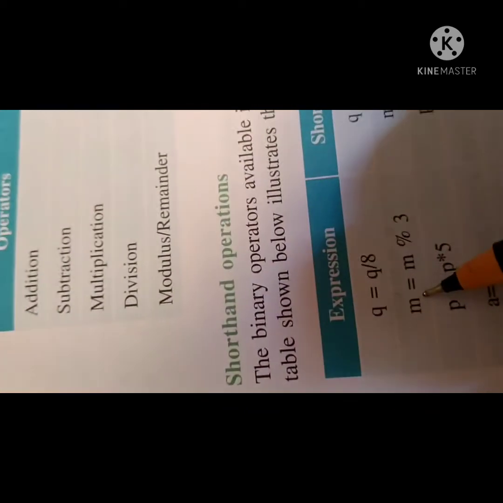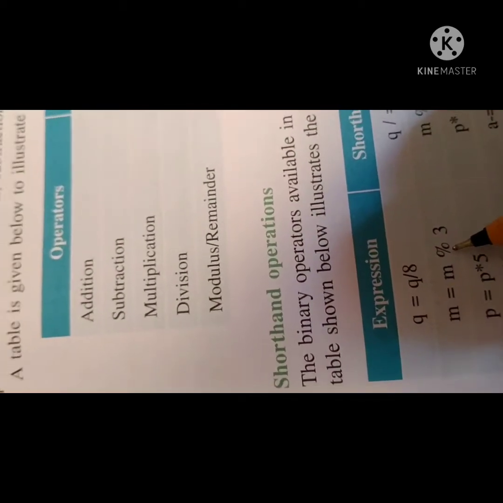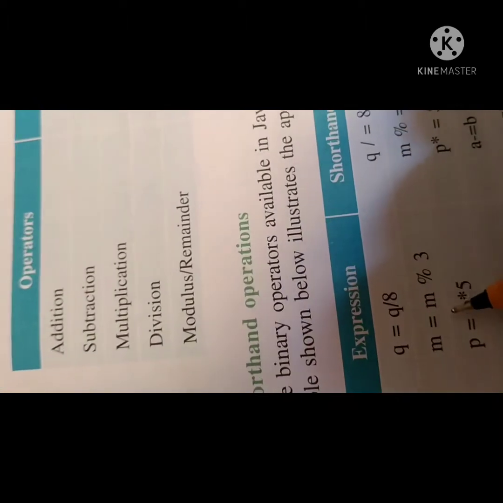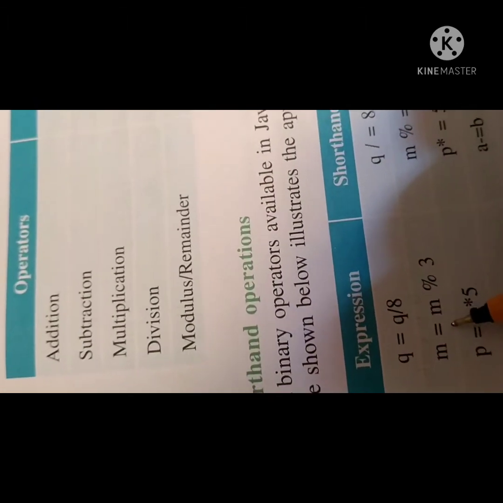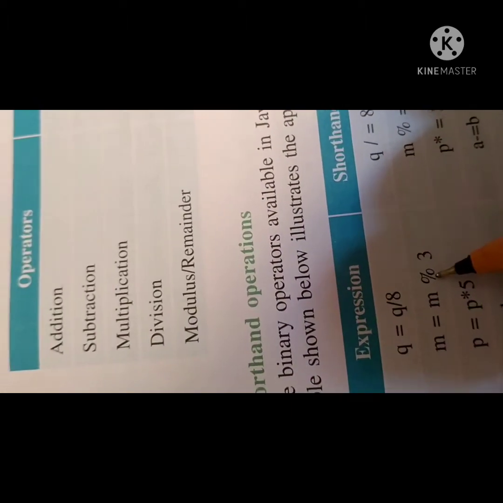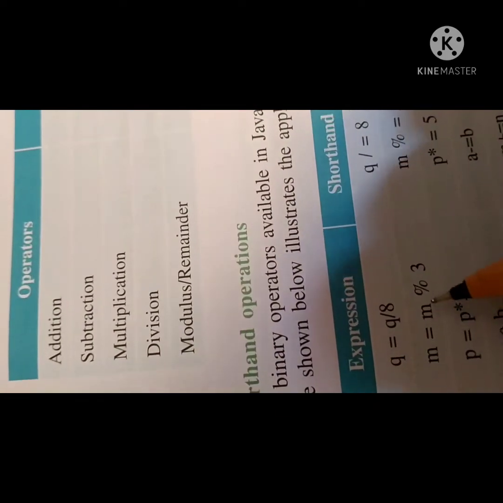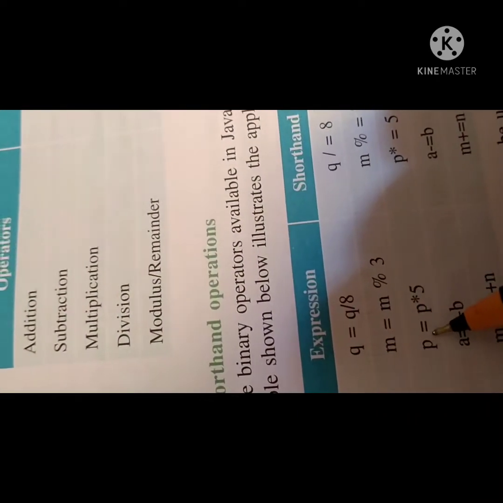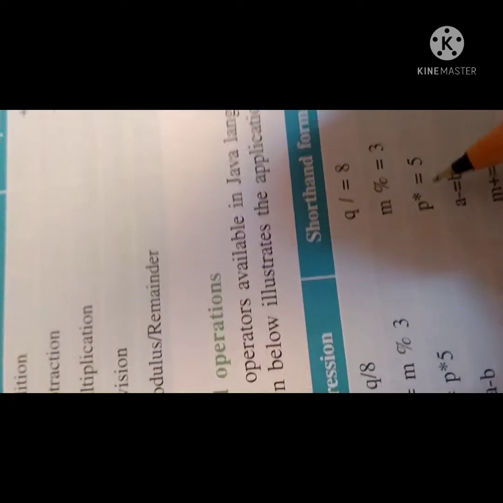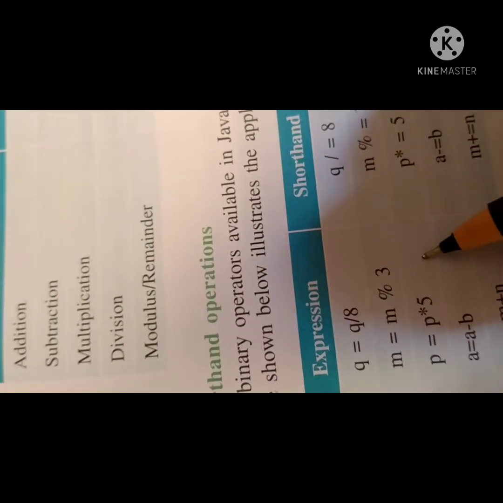Okay, here m equal to m modulus 3, we can write as m percent equal to 3. So here p into equal to 5 we can write instead of the longer arithmetical statement.